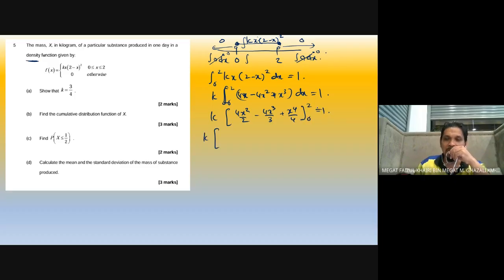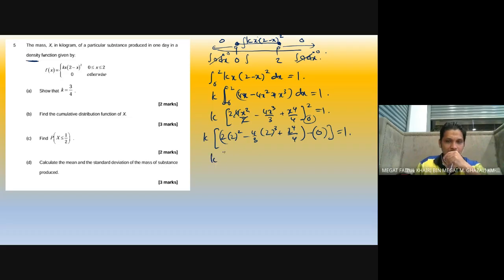So substitute x with 2 here. 4 times 2 squared divided by 2 is 2 times 4, minus 4 over 3 times 2 cubed, plus 2 to the power of 4 divided by 4, minus everything at 0, which is 0, equals 1.